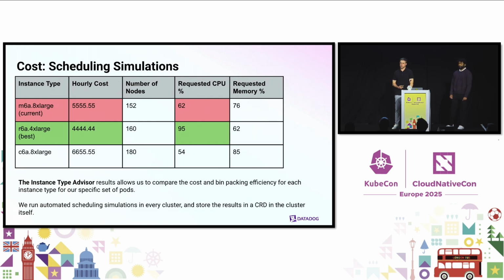What the advisor tells us is that if we were to reschedule all of those pods currently running on mainly M6As to R6a.4xlarge, we would increase our requested CPU percentage all the way up to 95, improving our bin packing efficiency, and therefore, we can see this translate to a significant cost decrease in our fleet. So we run scheduling simulations like this in every single cluster, and we store the results of them as a CRD that we can consume within the cluster.